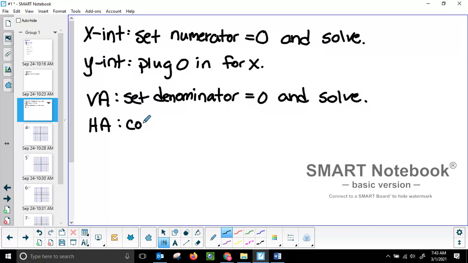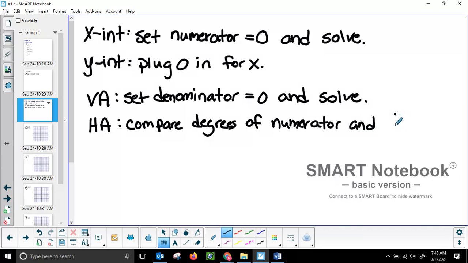Right, that's where we compare the degrees of the numerator and denominator. All right, we'll also talk about slant asymptotes a little bit later, but we'll get to that another day.